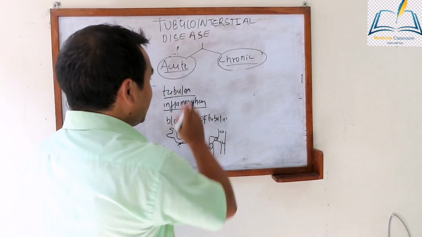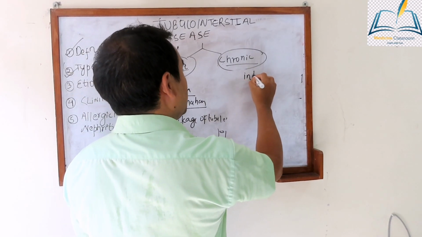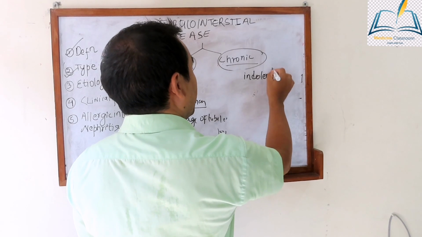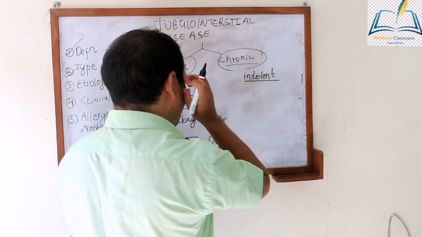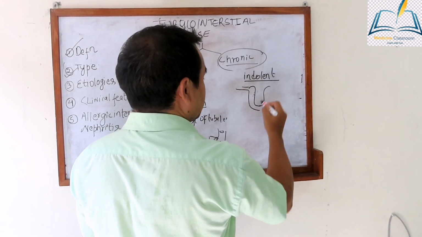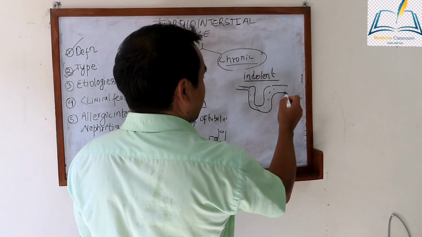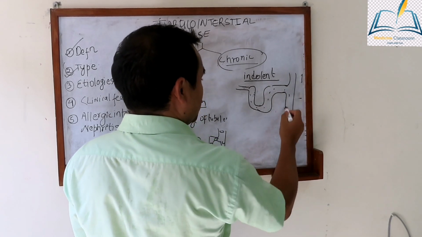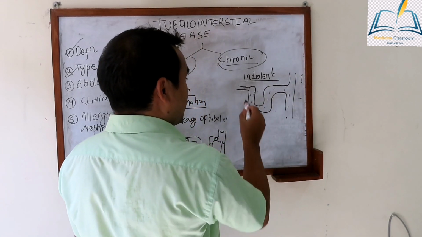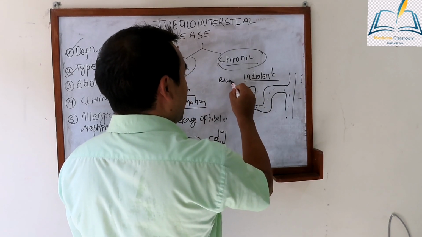However, in contrast to acute interstitial disease, chronic has an indolent, slow course. Usually the problem in chronic tubulointerstitial disease is that there is no blockade at the level of the tubules, so urine can form. The problem is in the process of reabsorption.